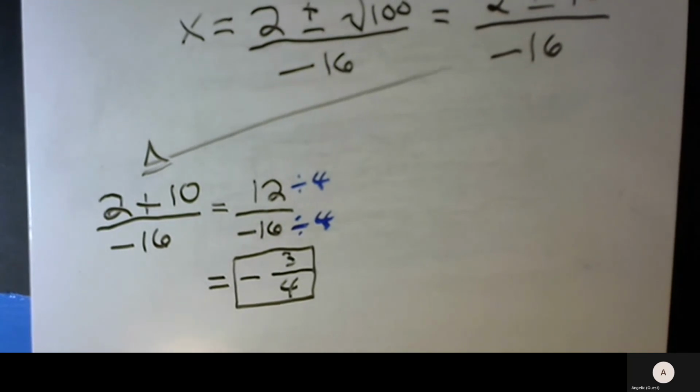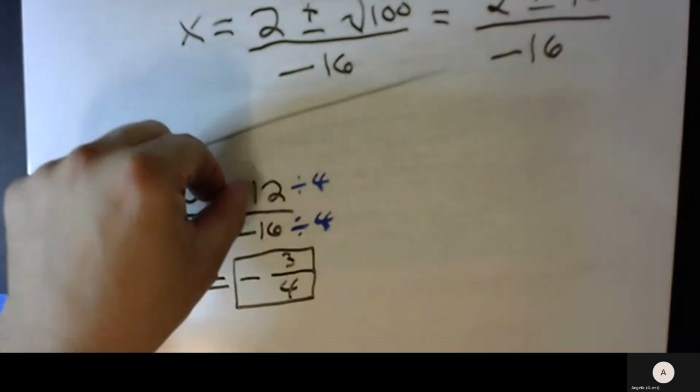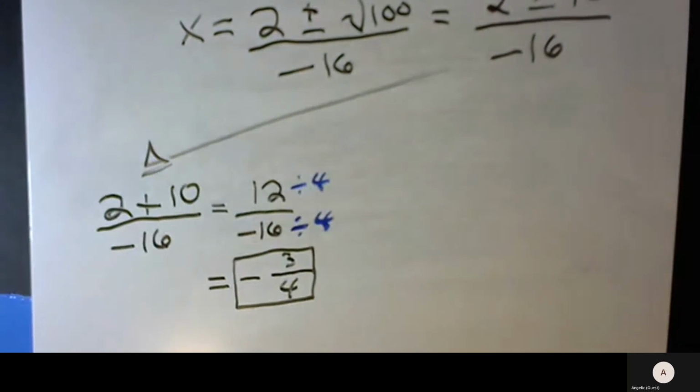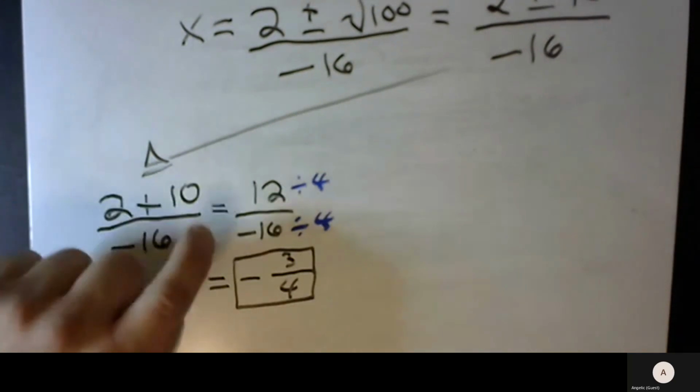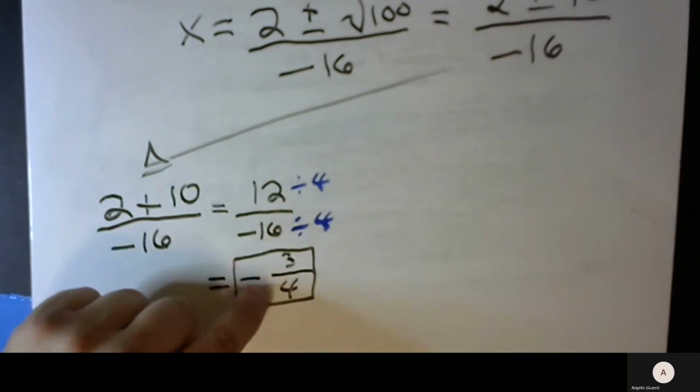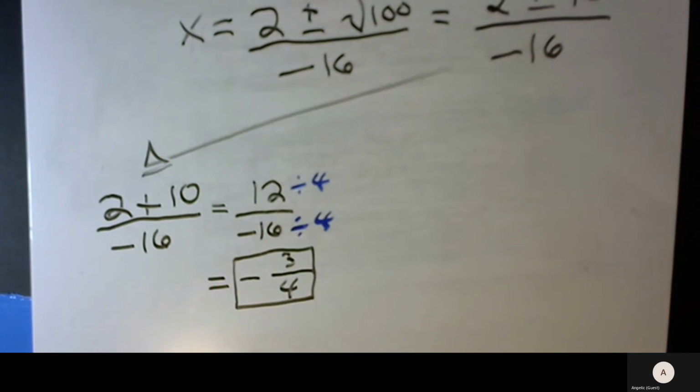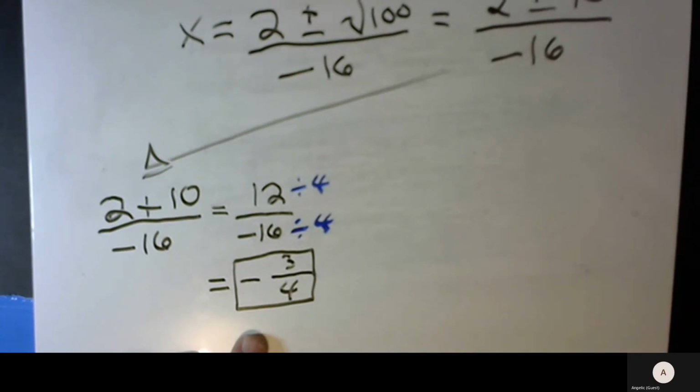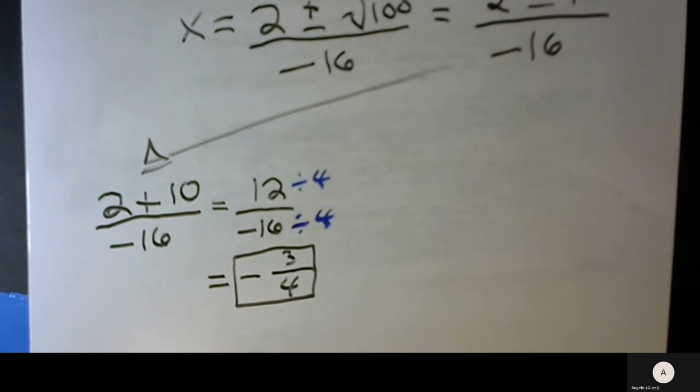And that's just sort of a format that we use. If there's only one negative, we draw it out to the outside here. So that's one of our answers. Questions about that? And we're not done yet.